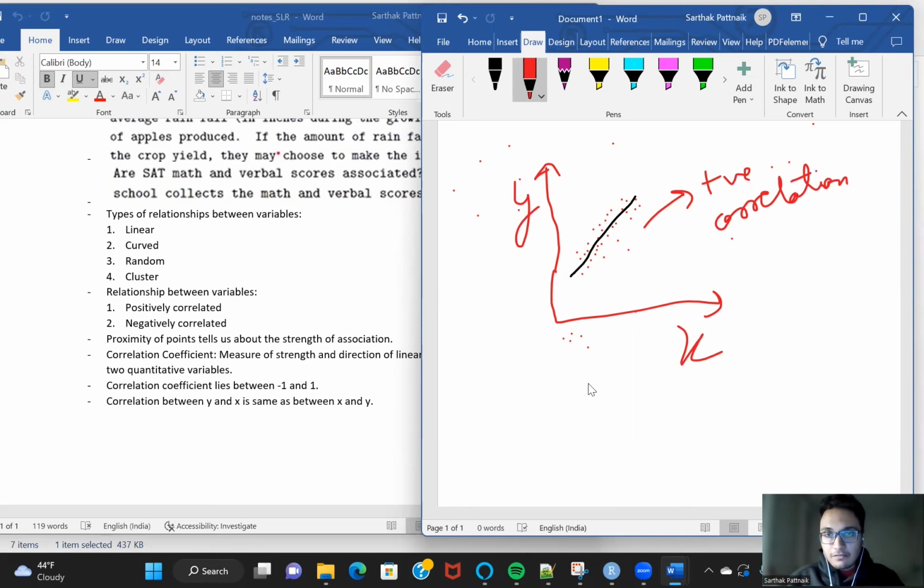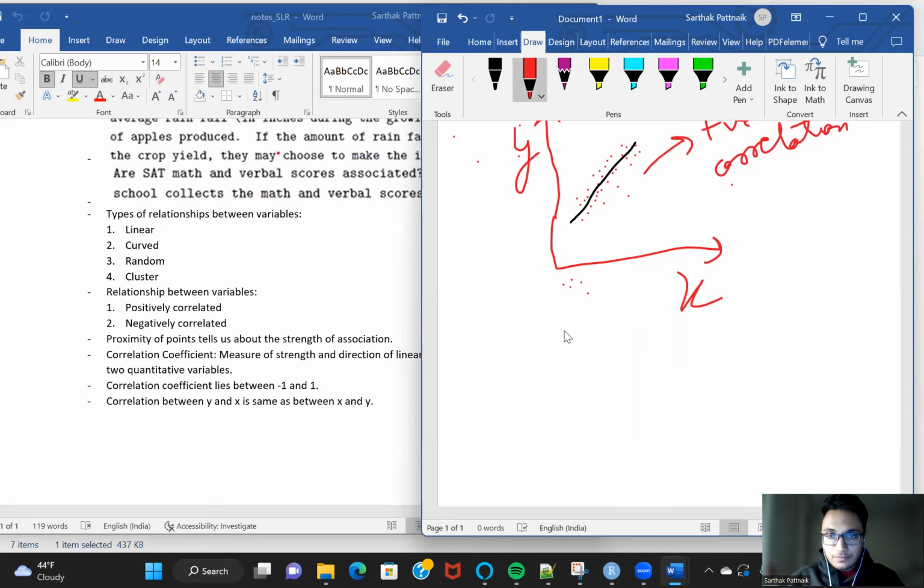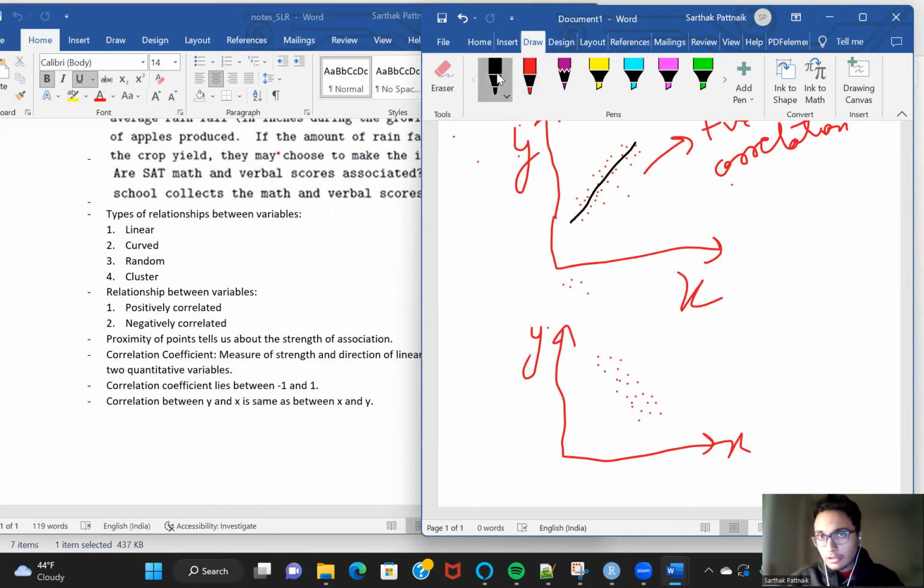Or they can be negatively correlated. So if two variables are negatively correlated, what it means is that an increase in one causes a decrease in the other. So if I increase the magnitude of the explanatory variable, it causes a decrease in the magnitude of the response variable.